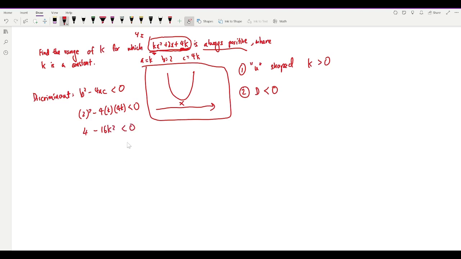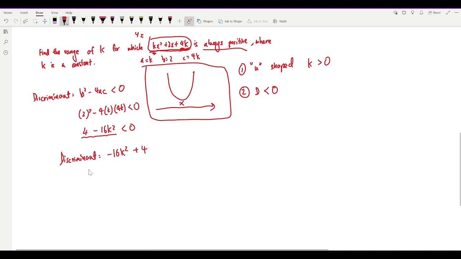To resolve this inequality, you have to be familiar with how to resolve quadratic inequalities also. To solve quadratic inequalities, you need to sketch the curve. This is the equation of your discriminant: discriminant equals, let's put a k squared term in front, negative 16k squared plus 4. What does this look like to you?